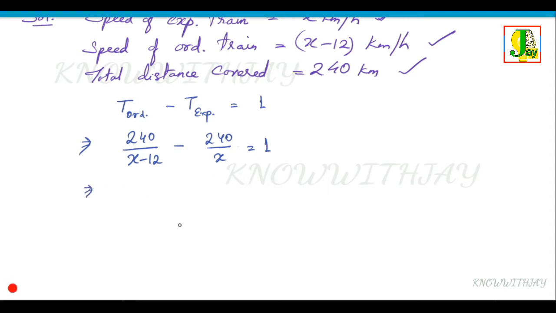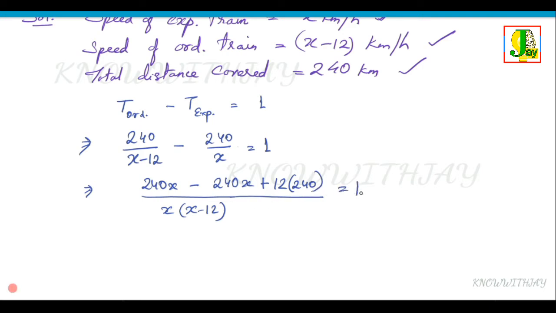So, solving this, you will get a quadratic equation. Taking the LCM, x into x minus 12, we get 240x minus 240 into x minus 12, that is 240x plus 12 into 240, equals 1 into x into x minus 12.